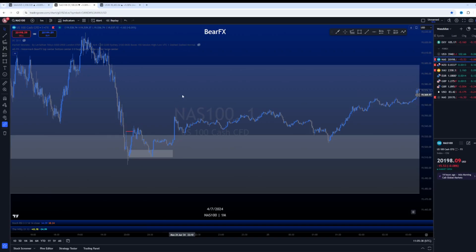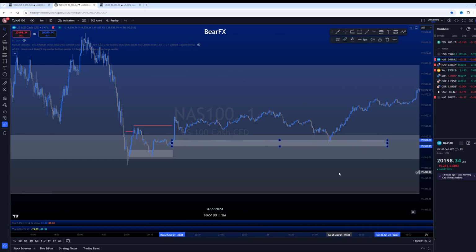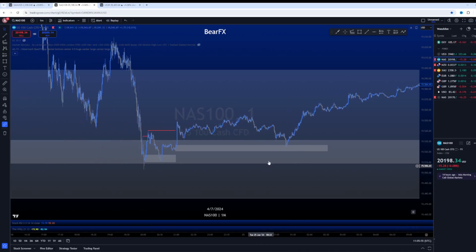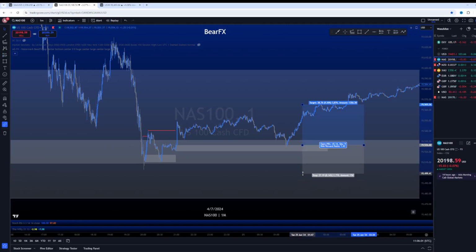If you're not comfortable with that, then obviously you get another one here, so you get a break of structure here. Okay, you get a fresh zone here on the 1 minute time frame, fresh zone there, touches in, pushes. Again, with that one though, I would still have your stop loss below that low.